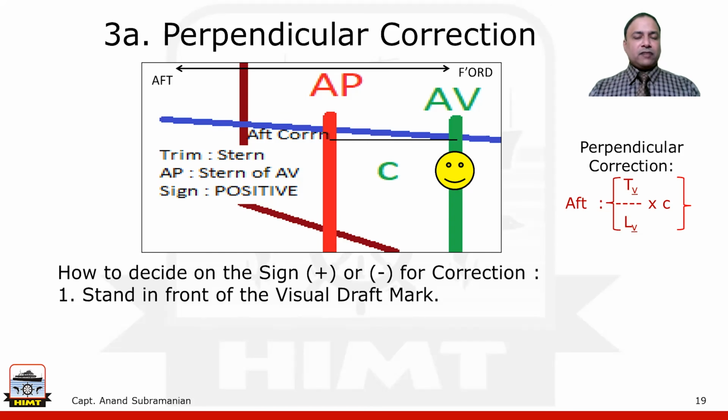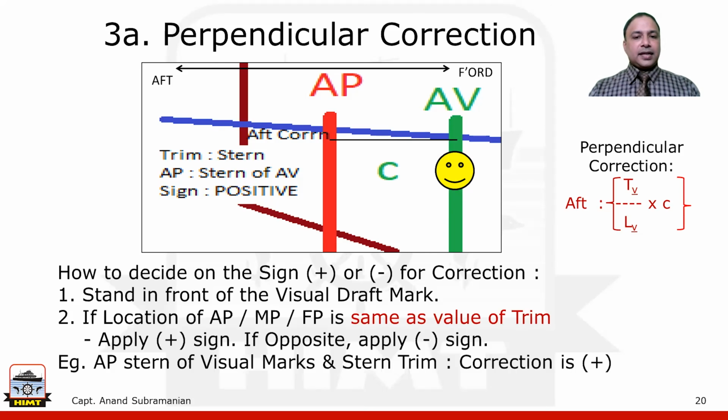Here I can see the aft perpendicular is located towards the aft of the ship. The trim is also stern trim. That means both are of the same name, so the correction is plus in this case. This is how we apply the signage for the perpendicular corrections.